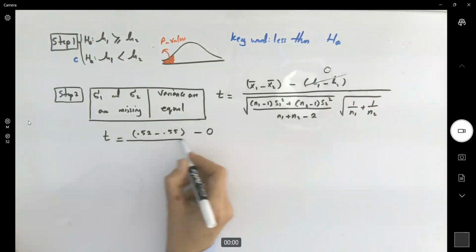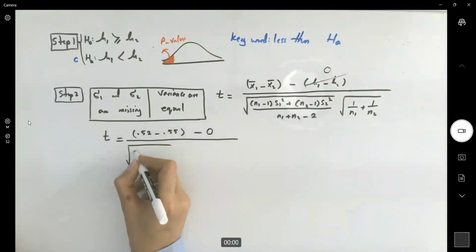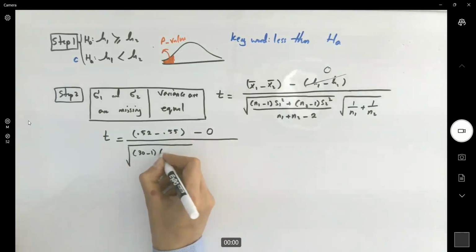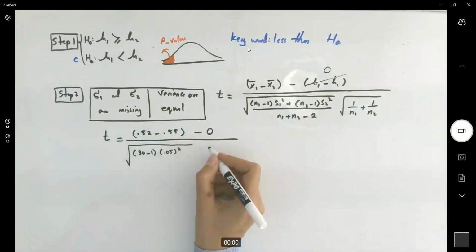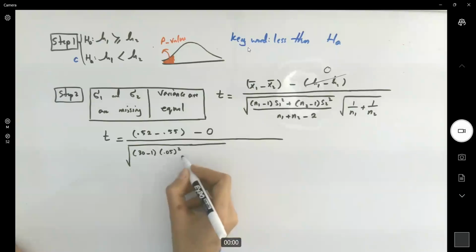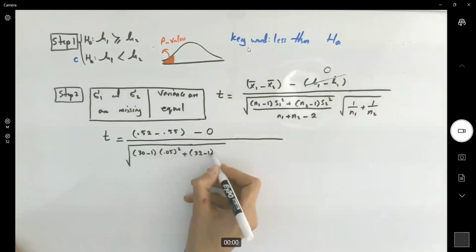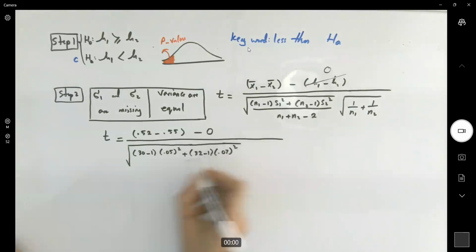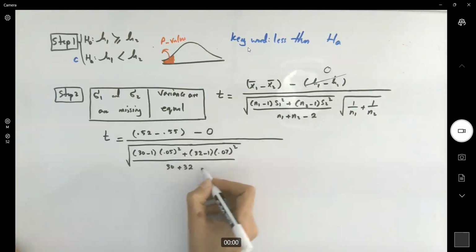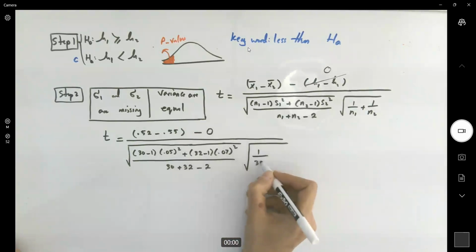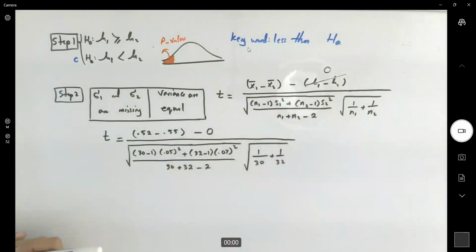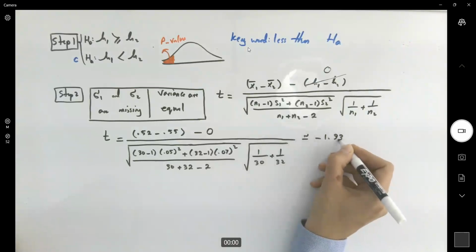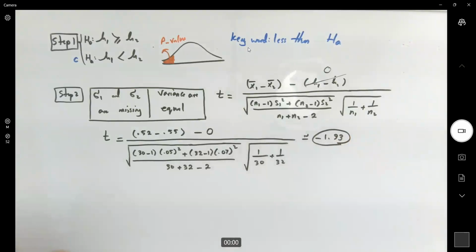So you write down 0, divided by the square root of n1 minus 1, where n1 is 30 minus 1, times s1 squared, where s1 is 0.05 to the second power, plus n2, 32 minus 1, times s2 squared, where s2 is 0.07 to the second, divided by n1, 30, plus n2, 32, minus 2, multiplied by 1 over 30 plus 1 over 32. The t is approximately negative 1.93. This is my standardized test statistic.